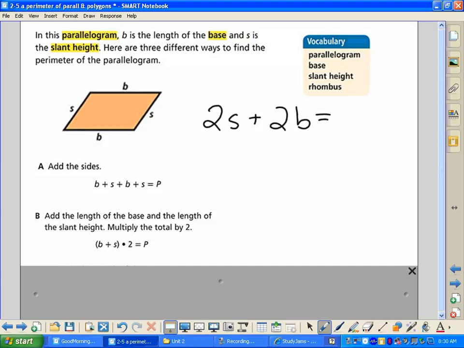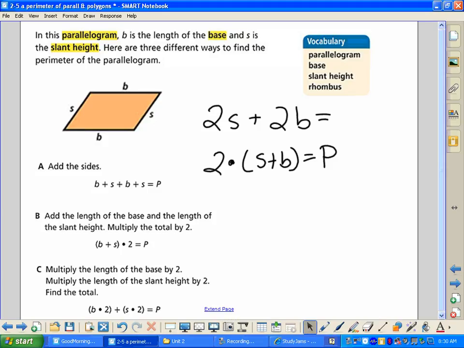So they've taken the 2 out. I've distributed the 2 to these, like in the distributive property, right? But if I pull it out, it would be 2 times S plus B to give us the perimeter. Remember distributive property? Okay. So that's another option.